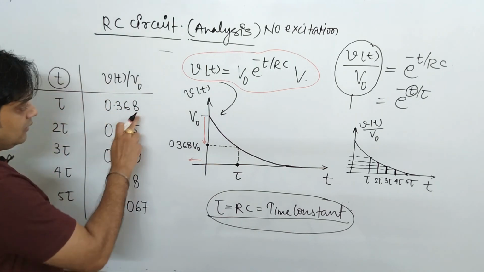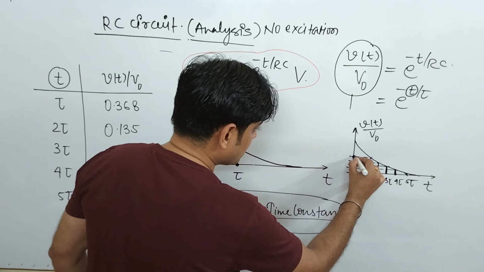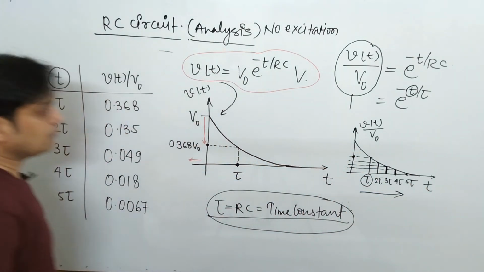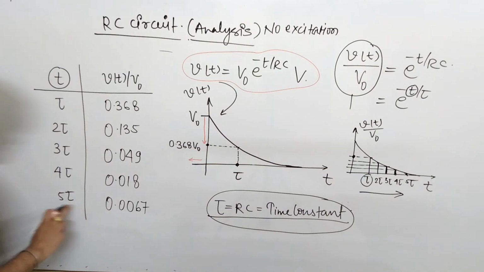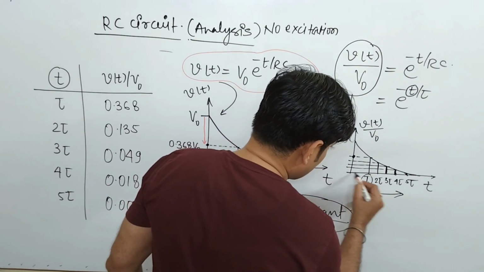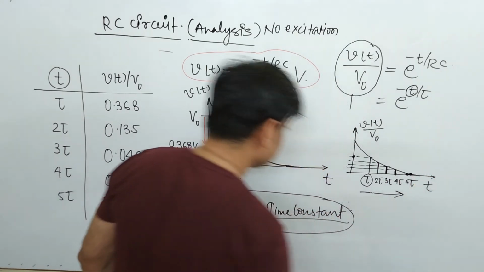What happened when you put 0.368, this is the value of tau and this is your corresponding value, and as you increase the value of t from tau to 5 tau, that value comes to be 0.0067. That means this value almost comes to be 0.